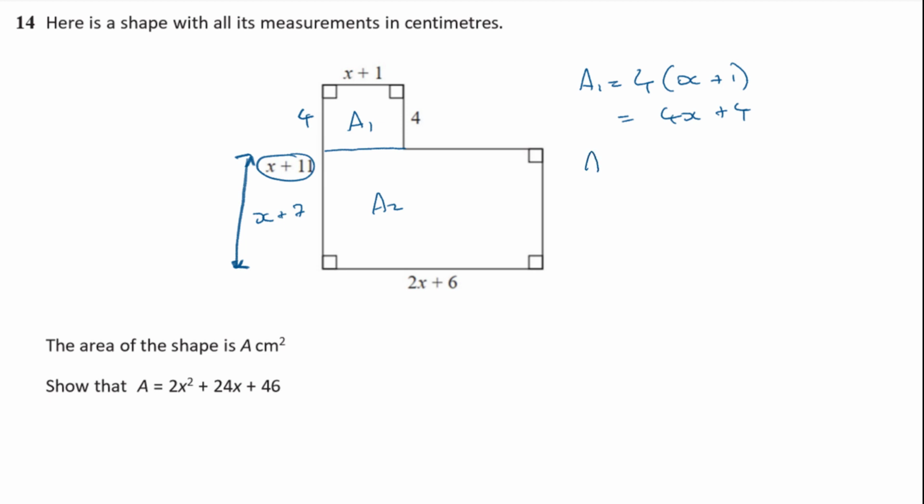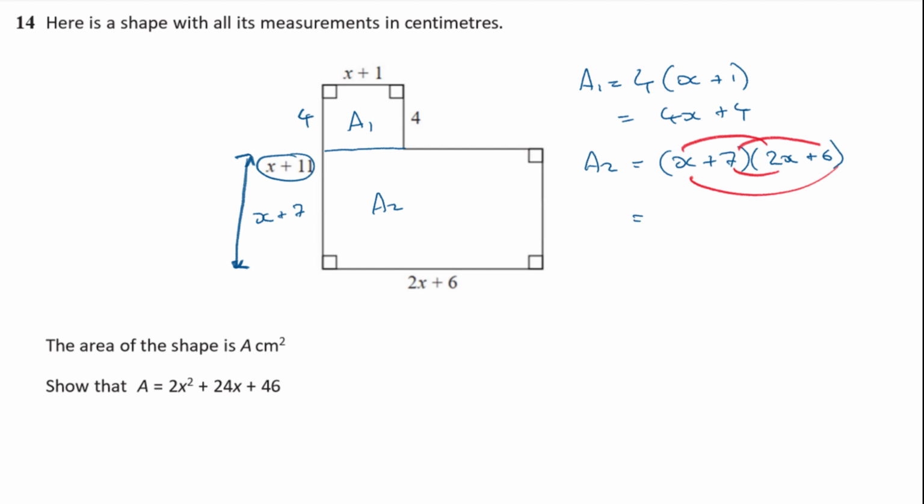And then A2 is going to be, well, I deducted 4 from x plus 11, so that is x plus 7 multiplied by 2x plus 6, the length and width of A2. So I've got double brackets here, so for first, outside, inside, last, or smiley face, to multiply all that out.